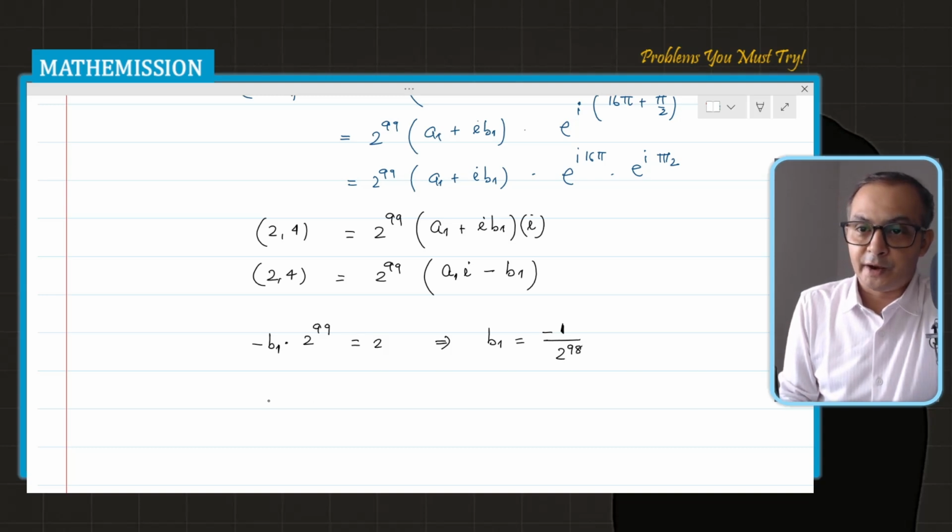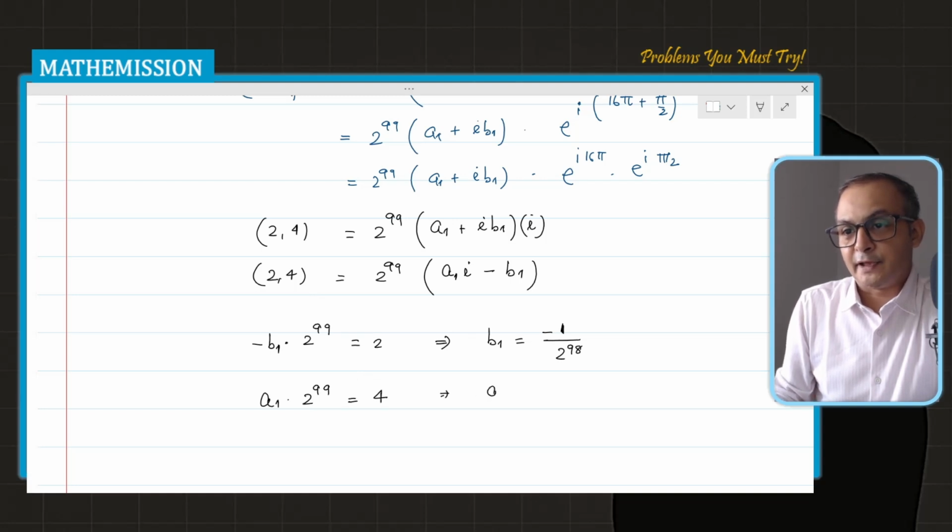And when we compare the imaginary part, you get A1 times 2 to the power 99 is equal to 4. So this time I'm getting A1 is 1 by 2 to the power 97.